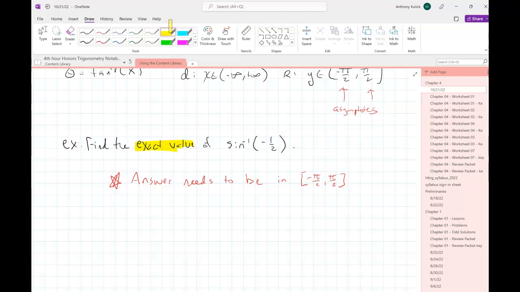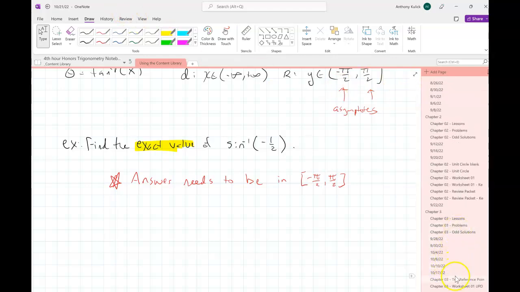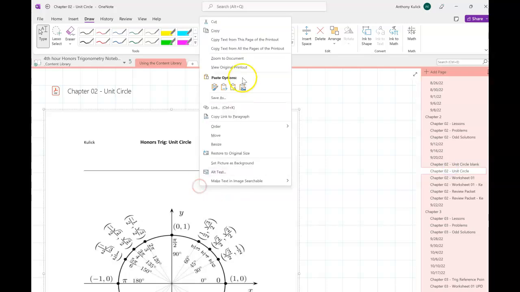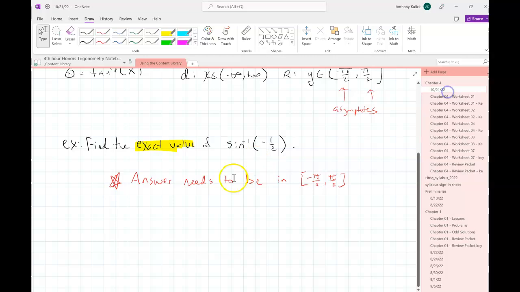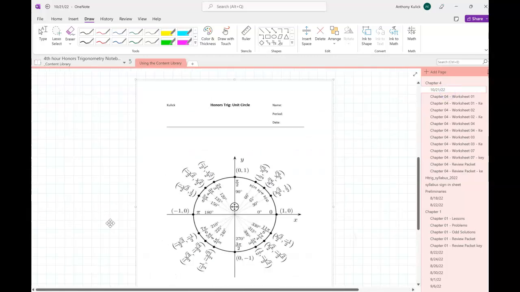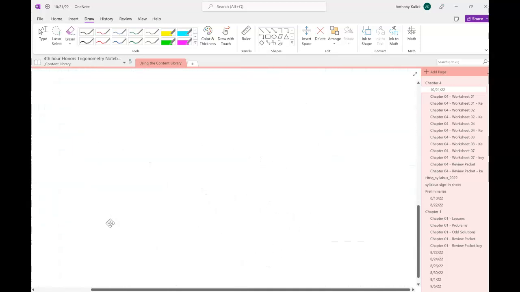The unit circle, right? If we're asking for exact values of angles in trig class, we're going to have to be retrieving them from the unit circle, almost assuredly, at some point. So let's pull up a copy of the unit circle here. I'll drop that in, and we'll take a look. All right.